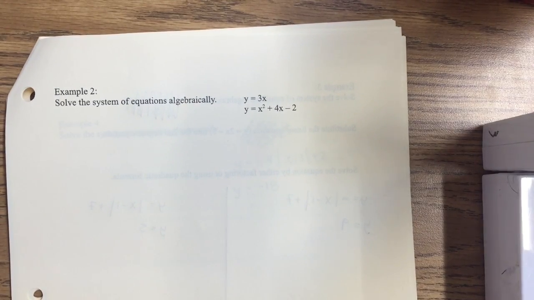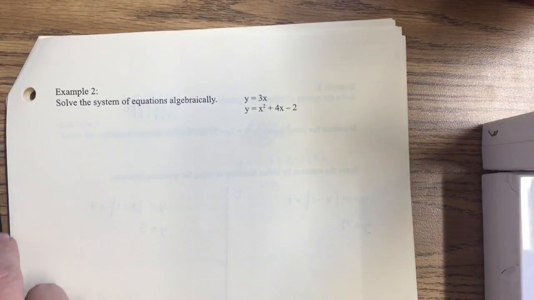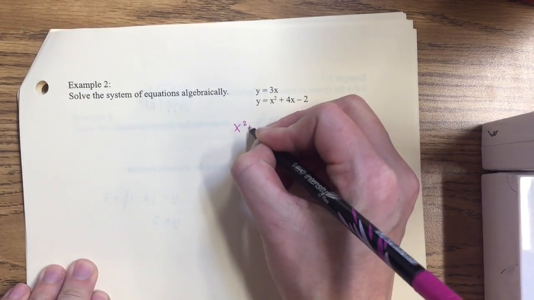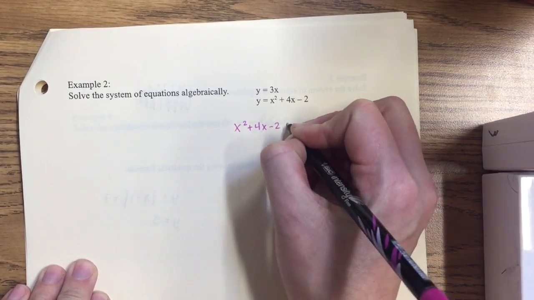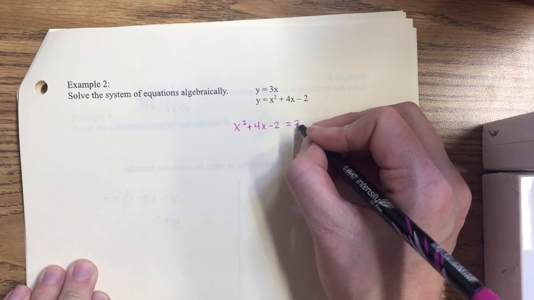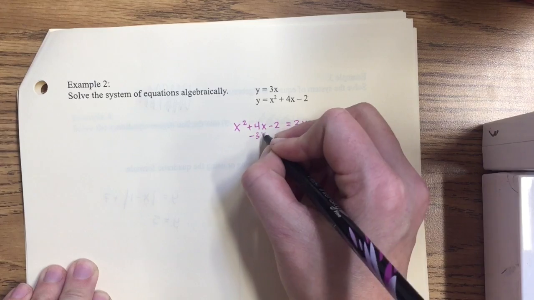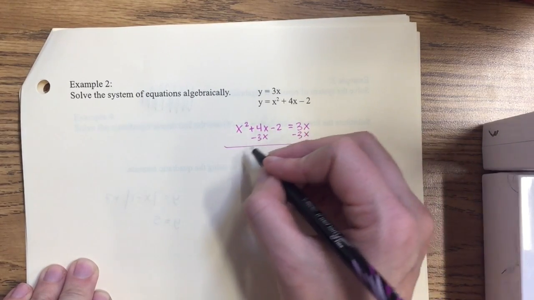Example 2, I have my two equations. I'm going to set them equal. X squared plus 4x minus 2 is equal to 3x. Minus 3x from both sides.